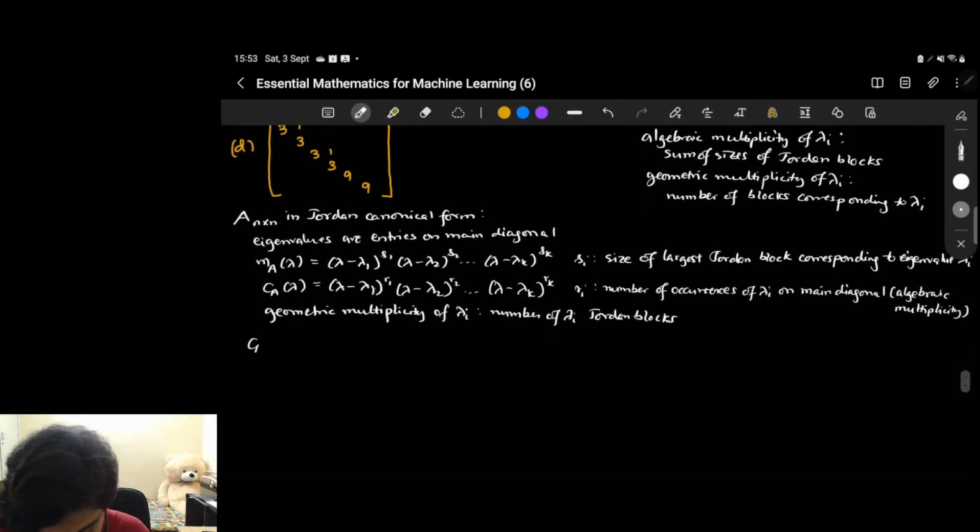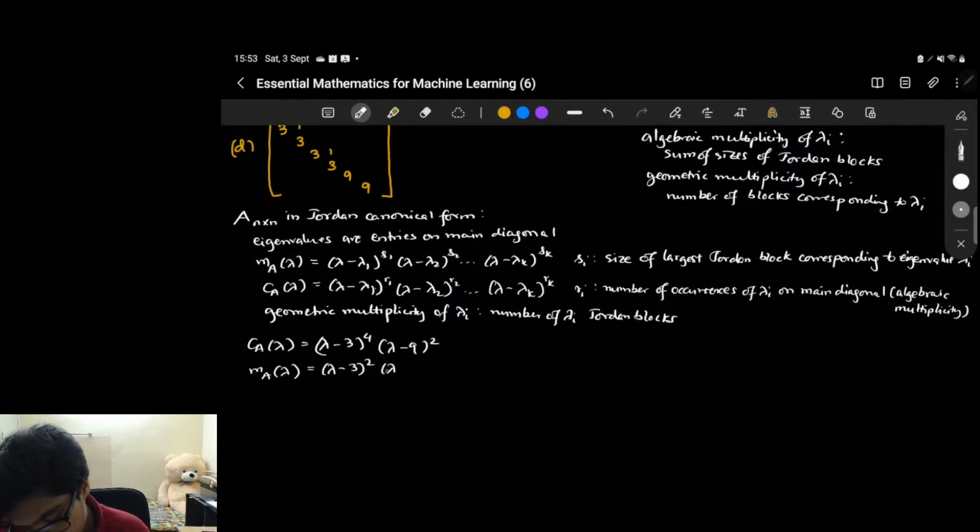So let us use these properties to find out the Jordan canonical form. We are given the characteristic polynomial as follows, and the minimal polynomial as follows. From this, we can see that the eigenvalues are lambda equal to 3 and lambda equal to 9.